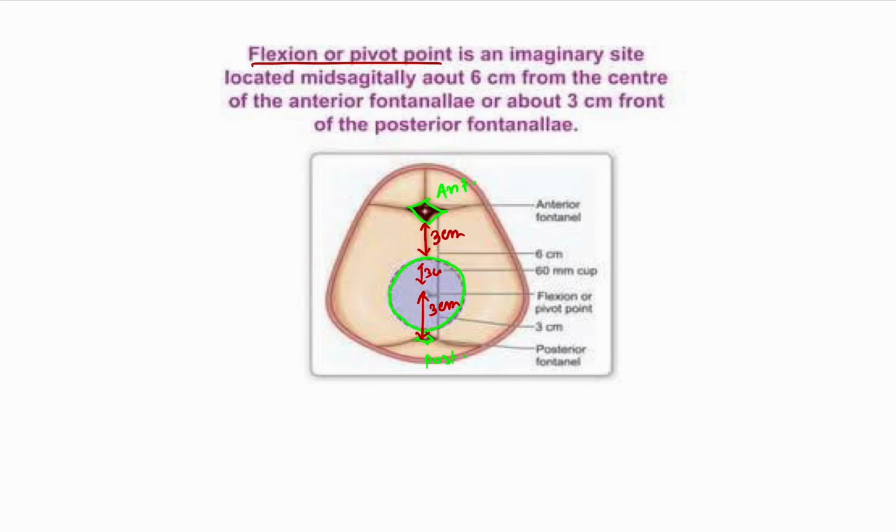Okay, 3 centimeter, because it's a 60 millimeter cup basically. So the total distance from the anterior fontanelle to the pivot point or flexion point is 6 centimeter, but from the posterior fontanelle it is only 3 centimeter.